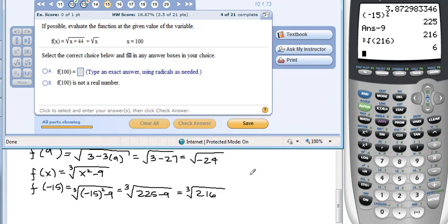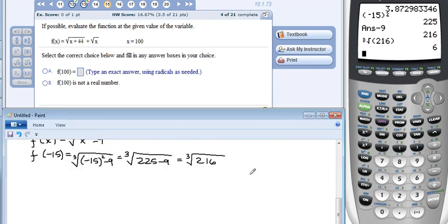All right, let's do one of these. So here I have my function, f of x is equal to the square root of x plus 44 plus the square root of x. And I want to evaluate f of 100. Okay, I've got two x's here. I've got to put it in both spots.